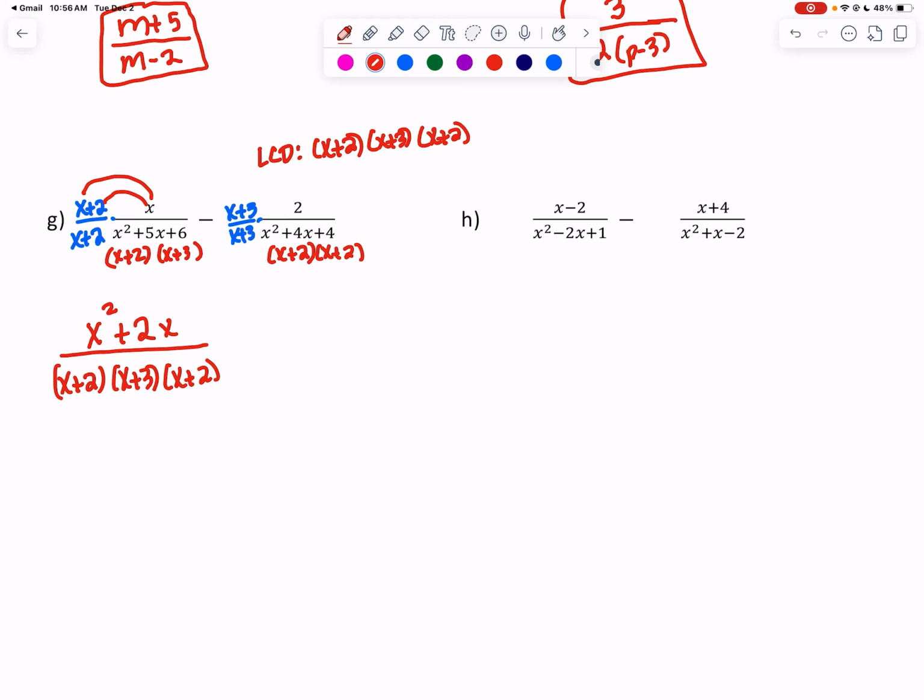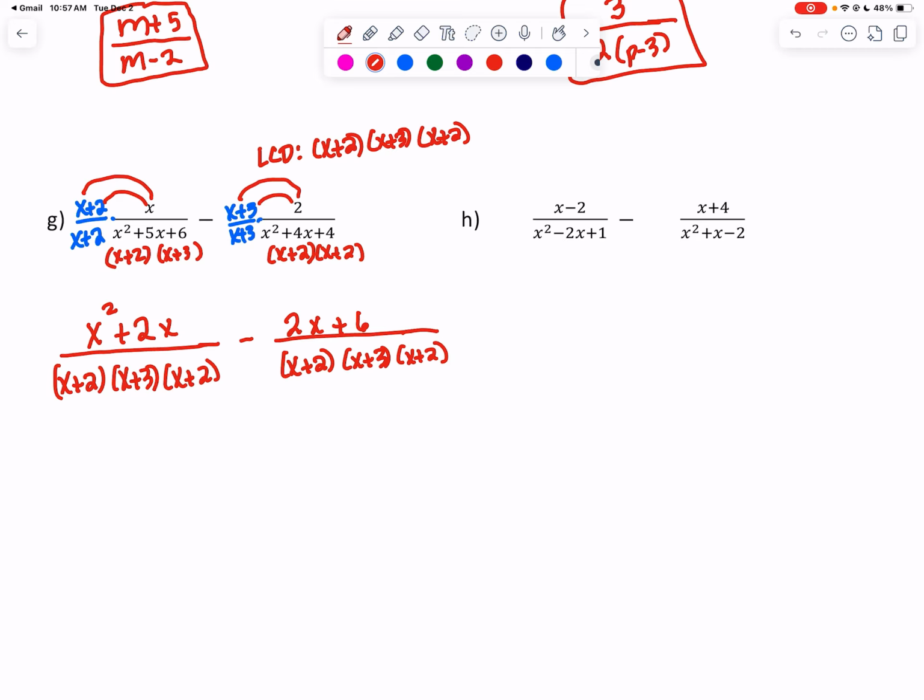Again, on the denominator, it doesn't matter what order you write those down in, just as long as they're all there. Okay, minus. Here, we'll multiply everything by 2. So that would be 2x plus 6 all over our LCD, which is x plus 2, x plus 3, x plus 2.